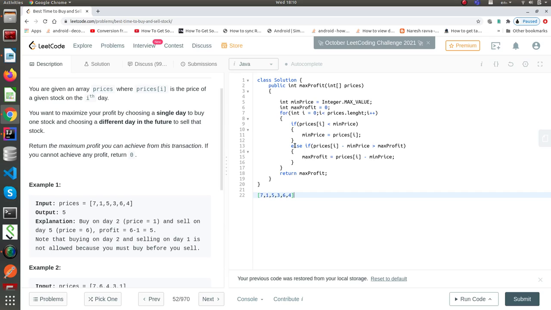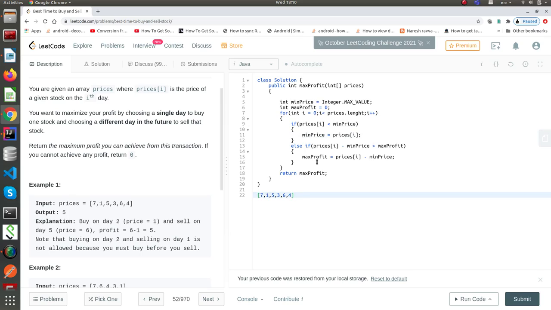Here for the min price, for the first time it will be 7, then i becomes 1. So price of i is 1, and 1 is less than 7, yes it is, so the min price will become 1.